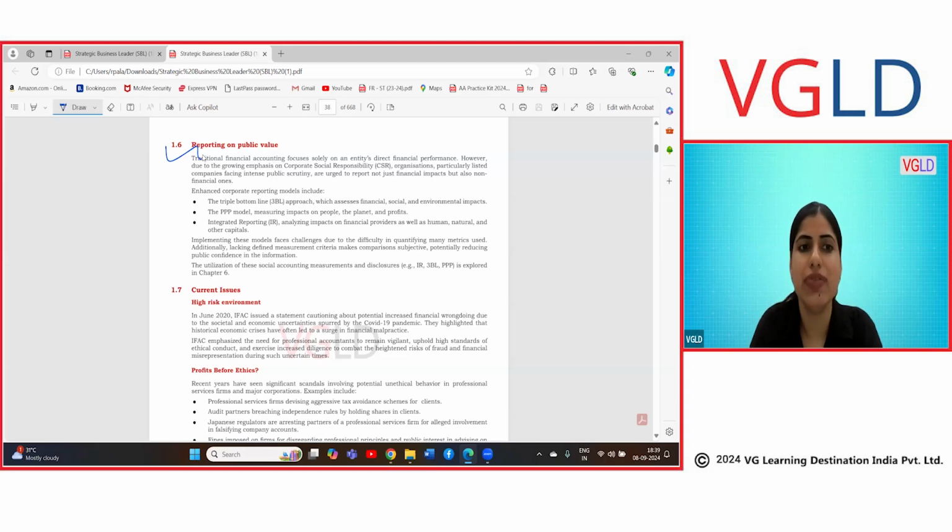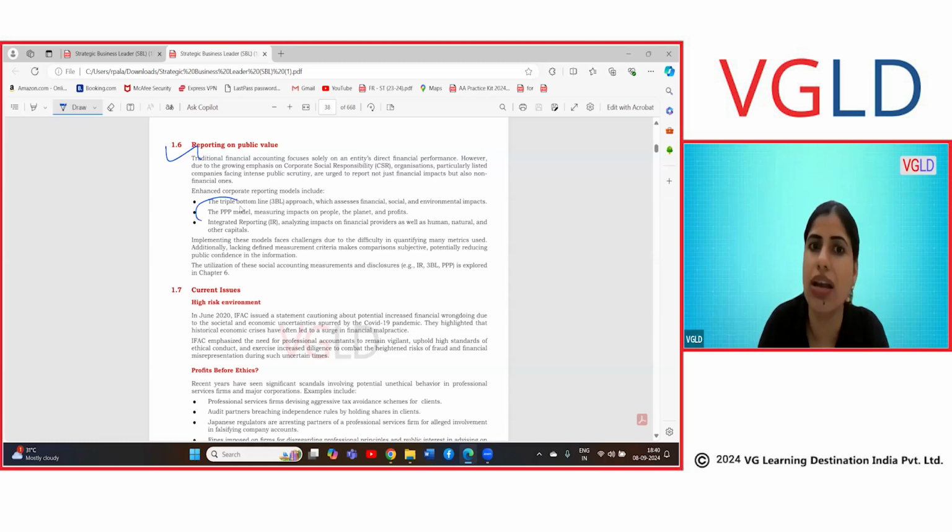Yes, basically, we should consider the needs of all the stakeholders, not just shareholders. And we have the responsibility of giving back to the society what we have got from the society, because we are getting resources from the society. That's why we are doing these reportings, integrated reporting. We are providing reporting on the triple bottom line, and we are also following the triple P model.